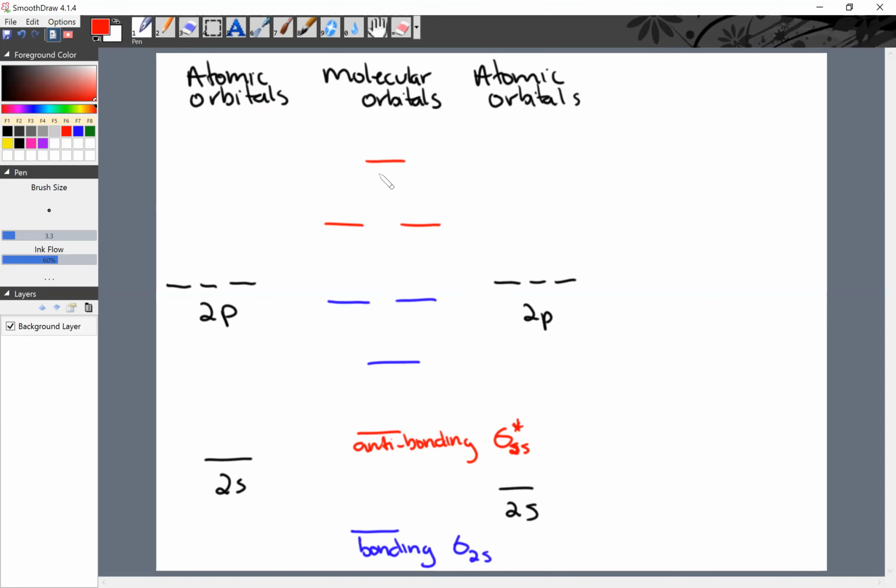And we call this the sigma 2p. Sigma 2p antibonding. And this one we called the pi 2p antibonding. And the pi 2p antibonding. And this one was the sigma 2p bonding. This one is the pi 2p. The pi 2p. All right, that's what we did in the past.